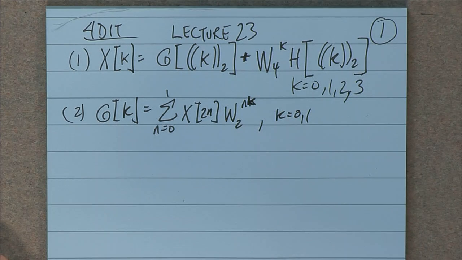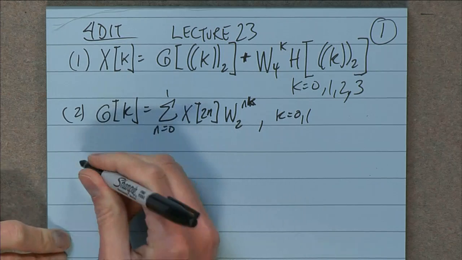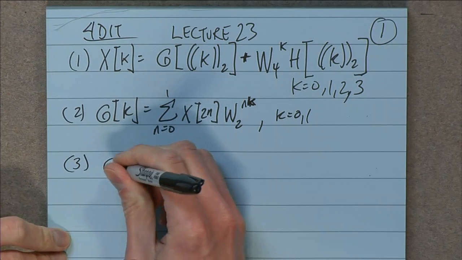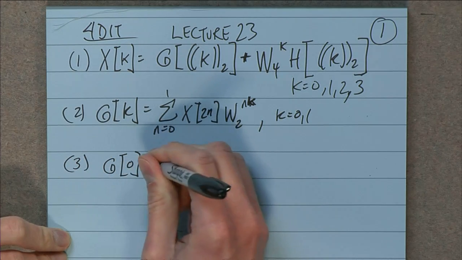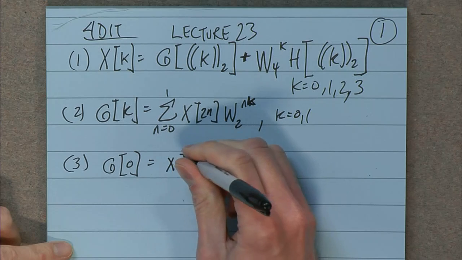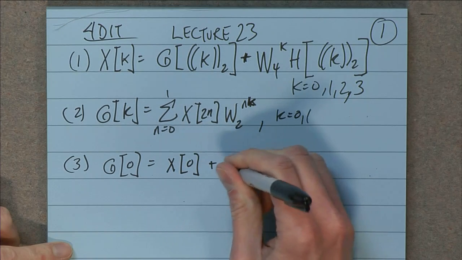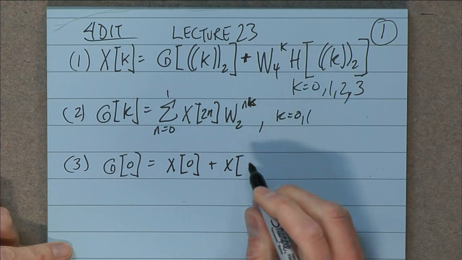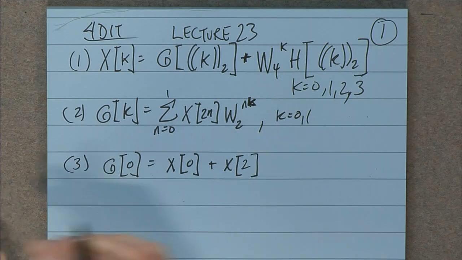Pretty straightforward. So now we're going to break this up and actually run it. If we have G of 0, what is that? Well, that makes k 0, so it's just a simple sum: x0 plus x2. We just sum those elements.